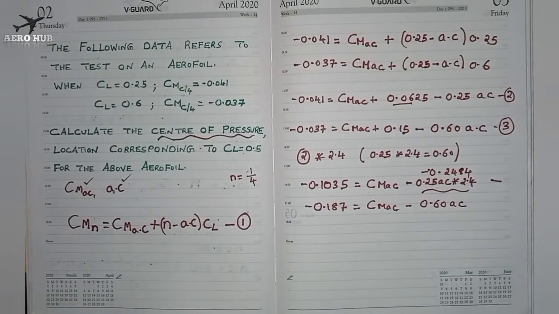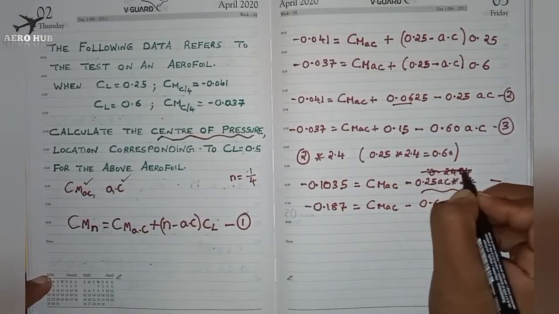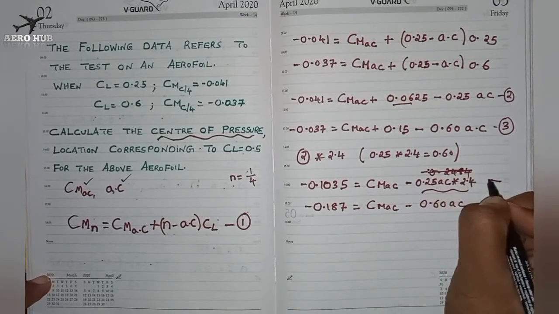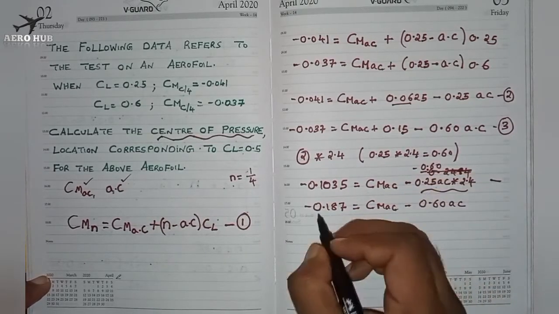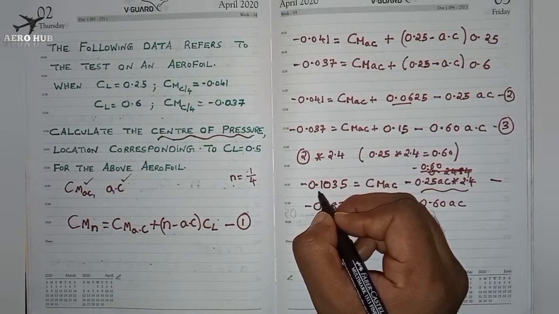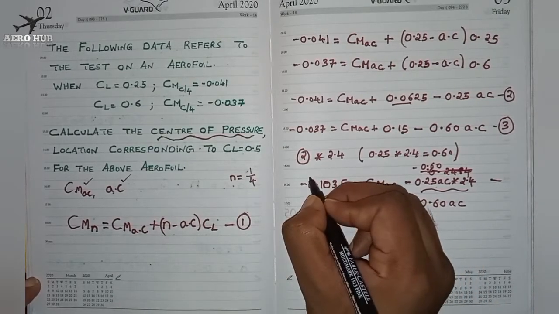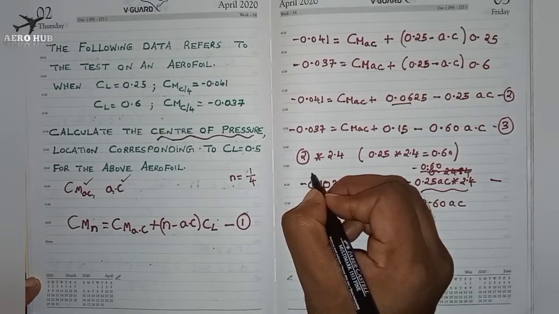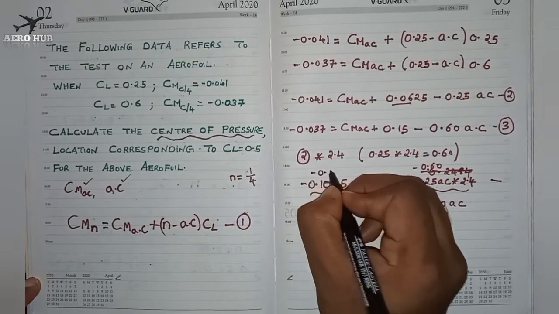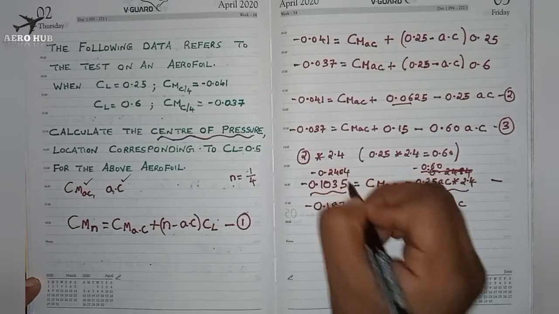Okay, so this is 0.60, this is 0.60 only. If I am multiplying by 2.4, it will be minus 0.2484.